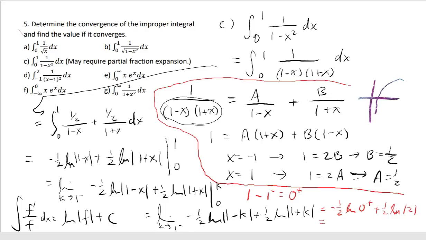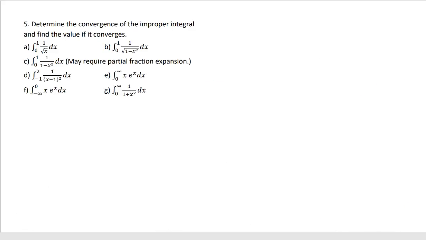So this actually becomes negative infinity, but times negative 1/2 gives you positive infinity. So positive 1/2, positive infinity, plus some finite quantity. So the answer is positive infinity. That's the answer.